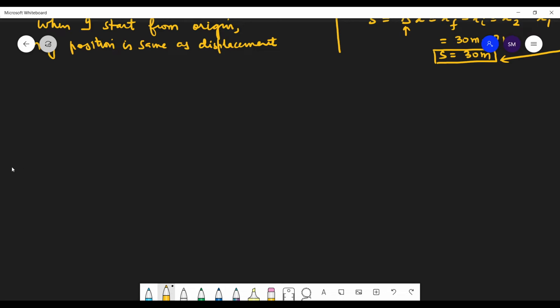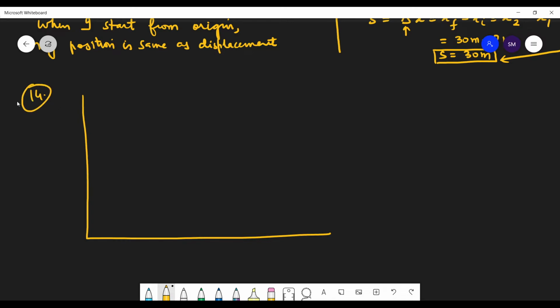You have a position-time graph. That is question number 14. So time is given as 1 second, 2 seconds, and you have u.